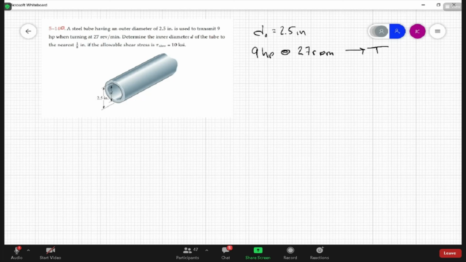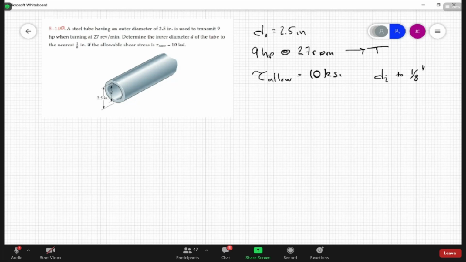They give us an allowable shear stress. The stress has to be less than or equal to 10 KSI. And what we need to do is find the inner diameter to the nearest 1/8. We can only buy these in 1/8 inch increments, okay?